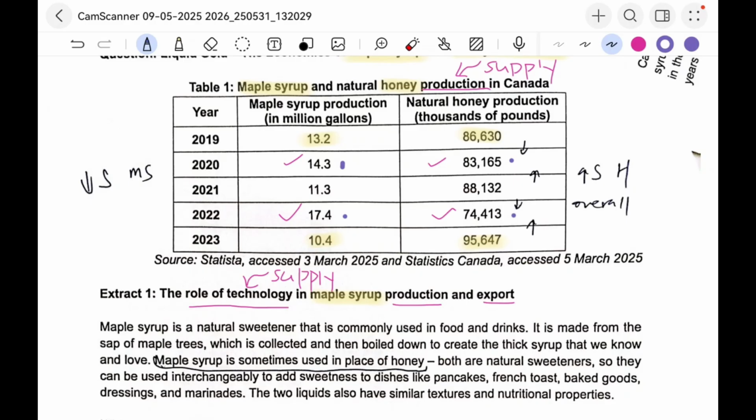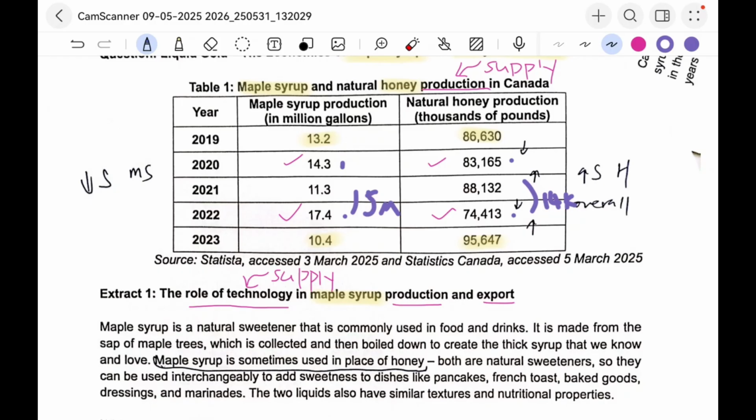And to note that actually 2021 to 2022 for both product, the change is quite big. Here you see that the change is about 5 million. Then here the change is about 14,000, which is quite significant overall in the production volume.